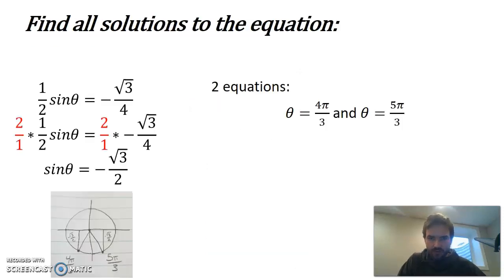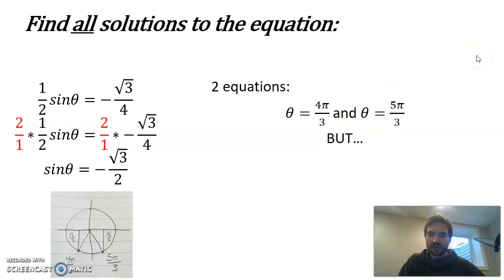Going to move forward. Everything we just did is over here on the left. We have those two equations, theta equals 4 pi over 3 and theta equals 5 pi over 3. But we're finding all solutions to the equation, not just those two, so we want to add our period to both expressions.